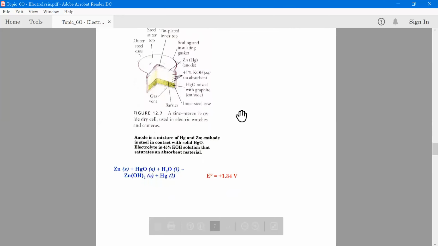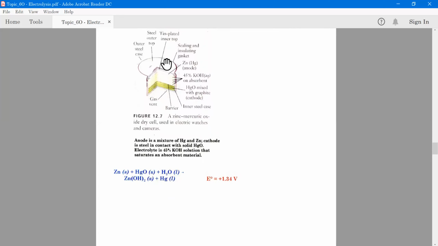Another example of a cell like this, that you probably have seen, are these so-called button batteries that are used in watches and calculators and various other things. They're useful because they can be made in a very low profile geometry. Obviously, because of their small size, they don't have as much total amperage available.